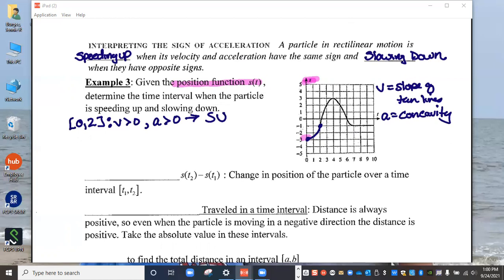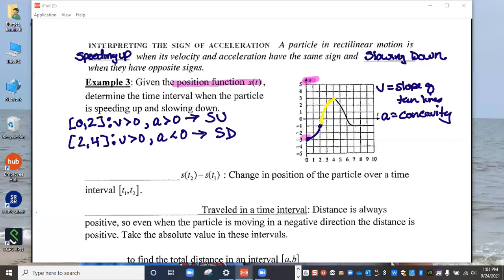So now let's take a look from 2 to 4. What's happening with my velocity from 2 to 4? It's positive. So I know my velocity is going to be greater than 0. What's happening with the concavity? Is it concave up or concave down? Down. So what does that tell me about my acceleration? My acceleration is less than 0. So what does that tell me about my speed? Is it speeding up or slowing down? Slowing down.